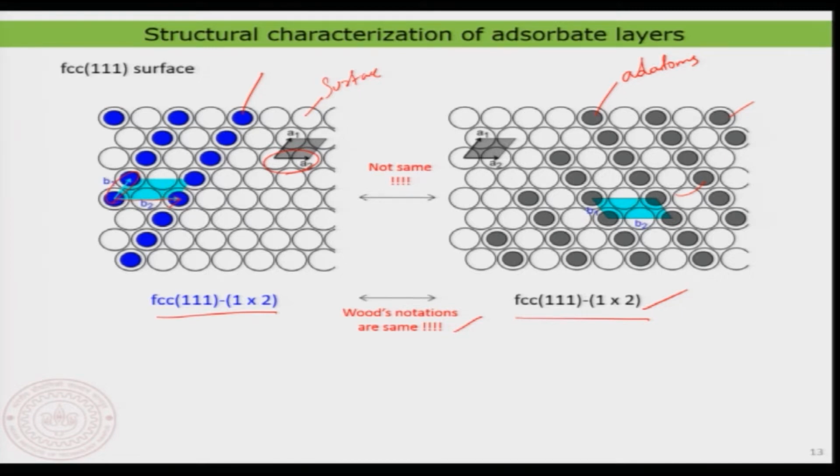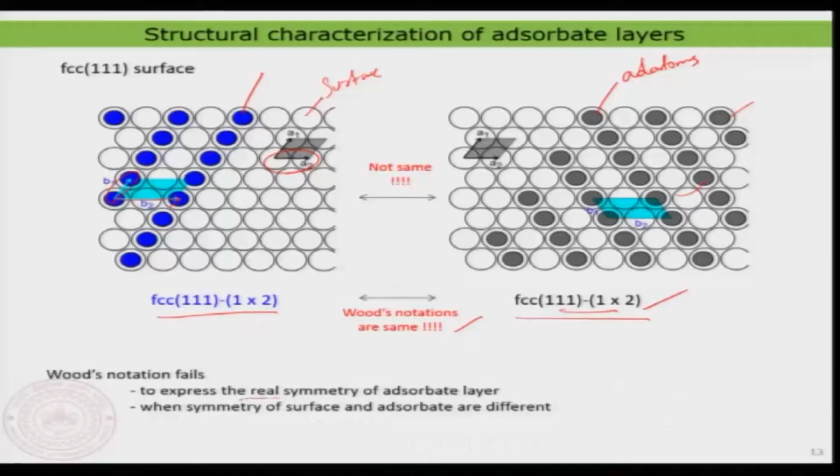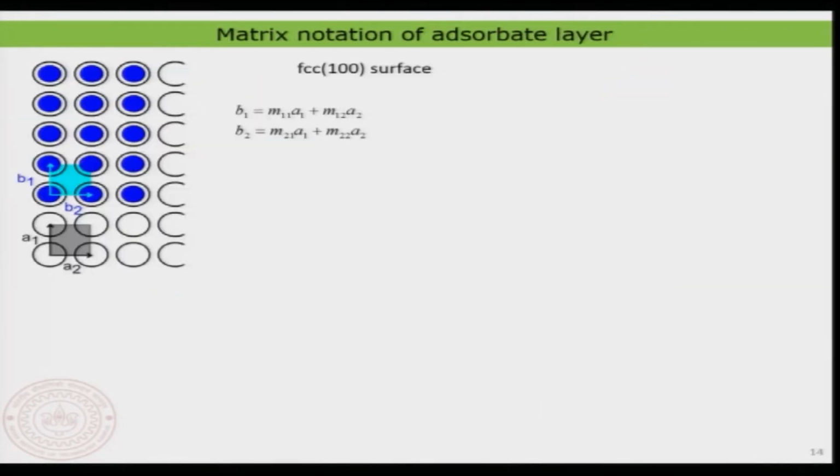So ideally these two are mirror Adlayers, but that is not reflected in the Wood's notation. So the Wood's notation is not representing the real symmetry of the Adlayer. That is the reason why we need to look for another type of notation, a clearer and more methodical one, known as the metric notation.